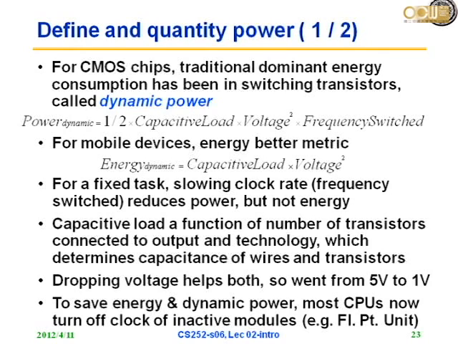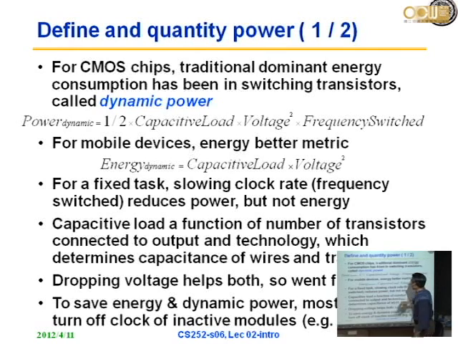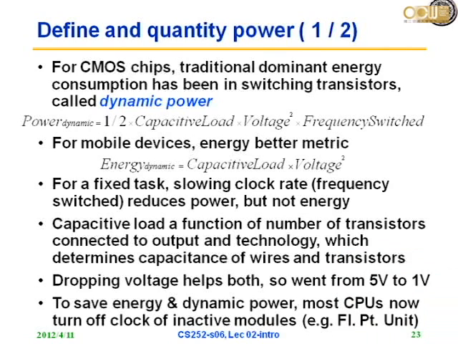However, if you care about the heat dissipation, then you care about how many watts are burned in a second. I should say how many joules are burnt in a second, which is watt.